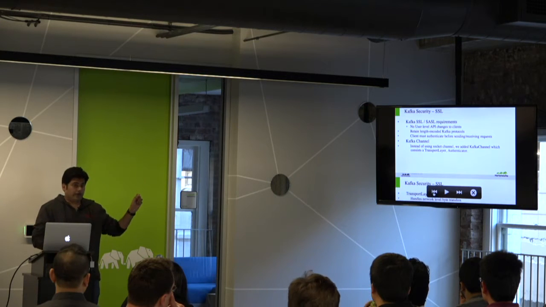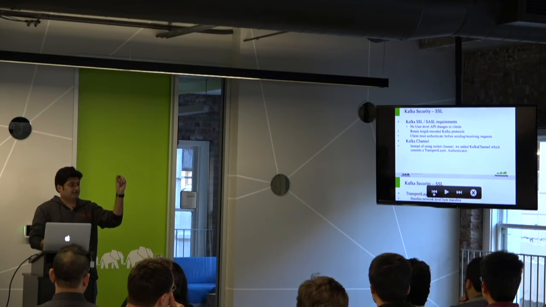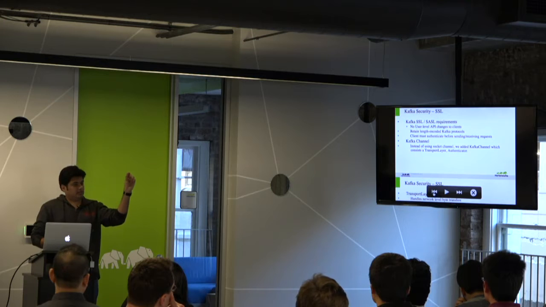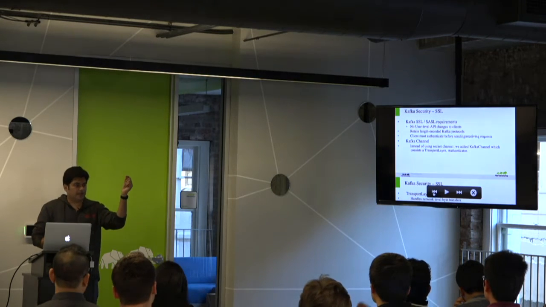They write something at the beginning of a packet, they'll say, here is what the packet length is, and here is the type of the packet. And then they have their own serialization, deserialization mechanism, which kind of helps them in tuning the performance that you generally see with Kafka. So we wanted to keep that as is, and we want to make sure that before sending and receiving any request, client has to authenticate if authentication is configured.